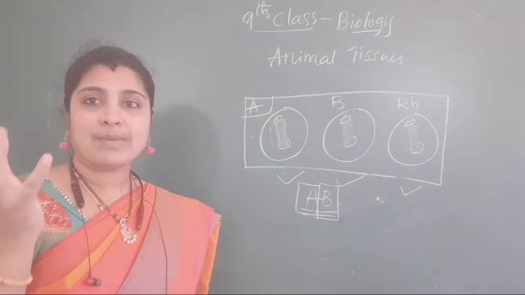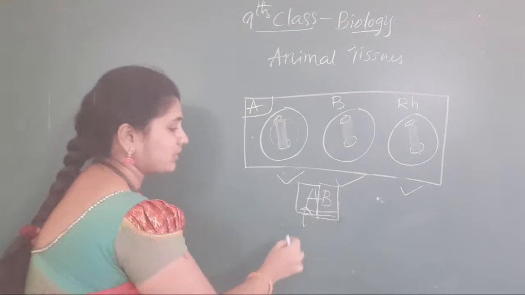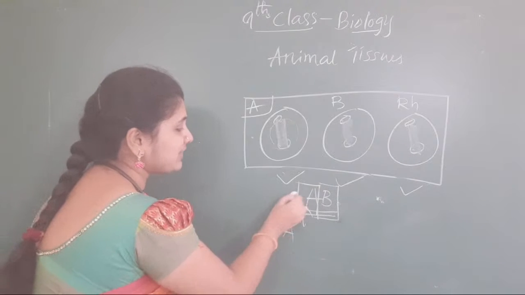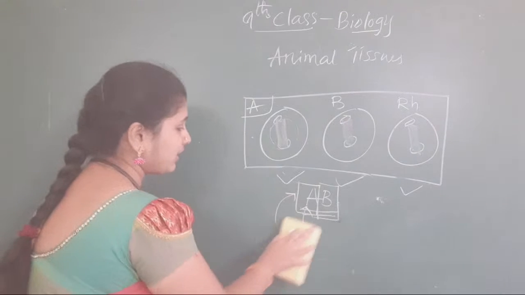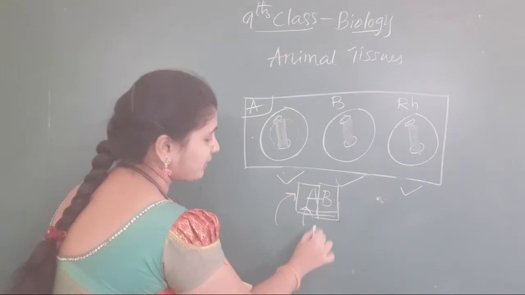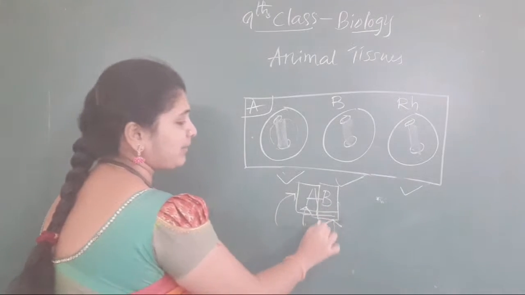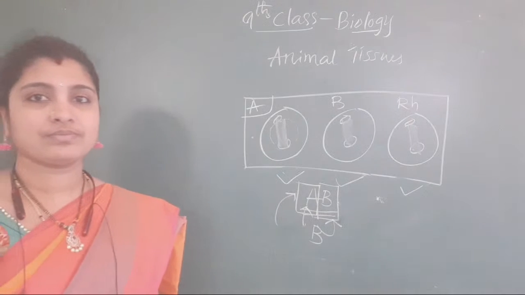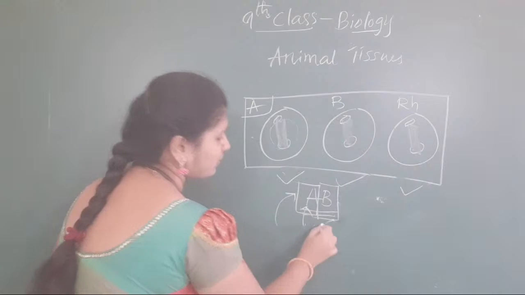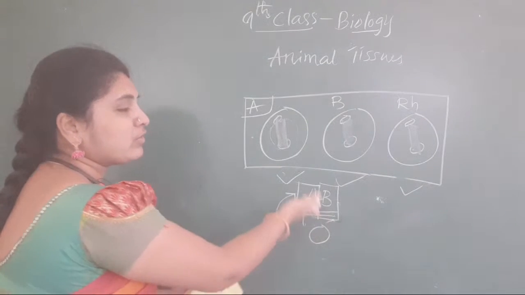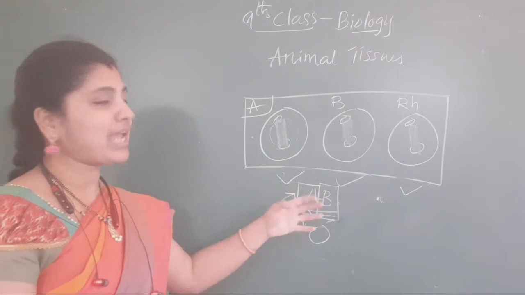If you receive A blood group from another person, you already have A, no? So it will mix with A. No fighting. If you are injected with B blood group, it will mix with B. If you are given O, nothing is present, no fighting. Understood? That is why AB accepts all.